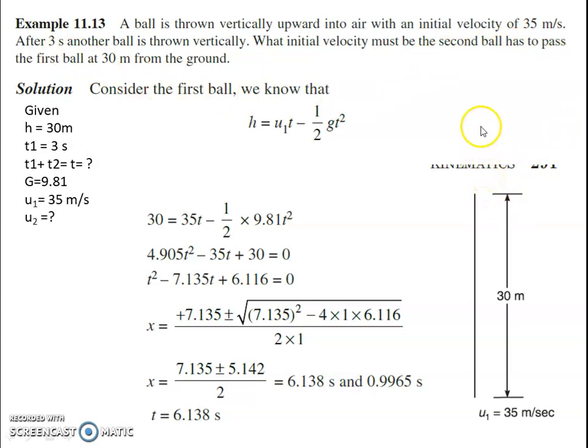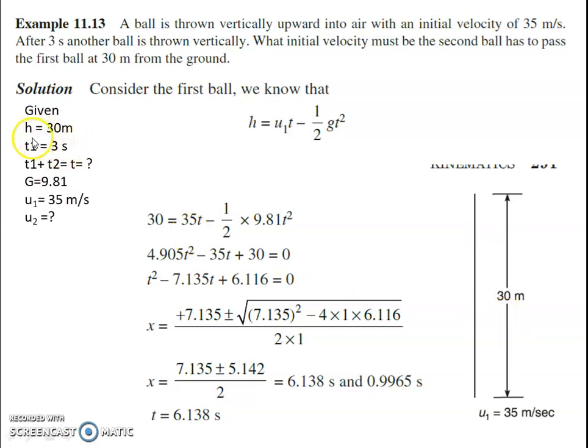To pass the first ball, the second ball's velocity should be more than the first ball's velocity, because it is thrown 3 seconds after the first ball. So we will see.